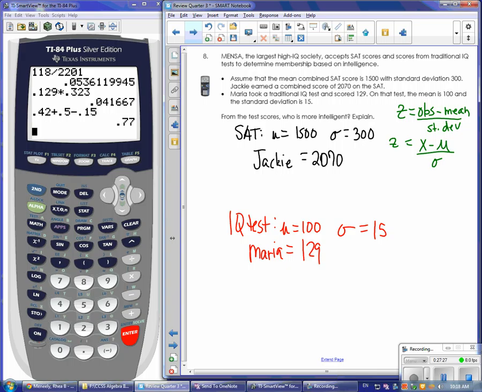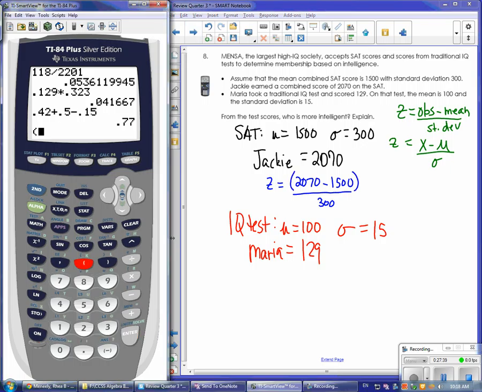So for Jackie, her z-score is going to be the 2070 that she scored minus the mean of 1,500 divided by 300. Now be careful, if you're going to do this all in one step, you want to make sure you put parentheses around your numerator. So if we take 2070 and we subtract the 1,500 average, close my parentheses, and then divide by 300.